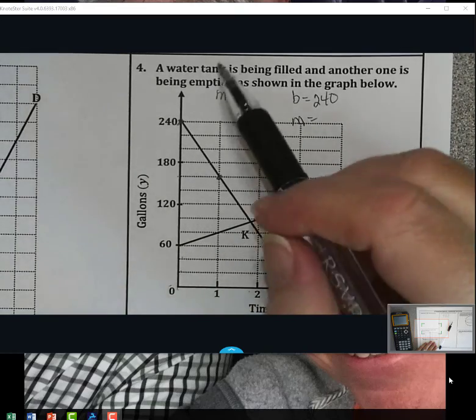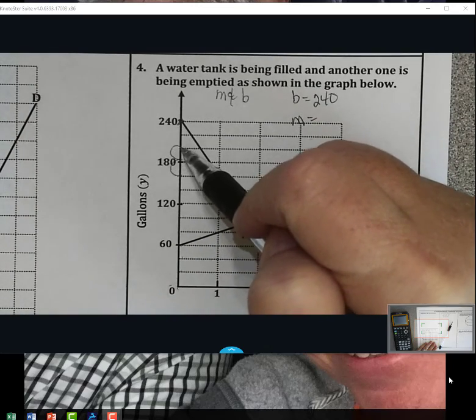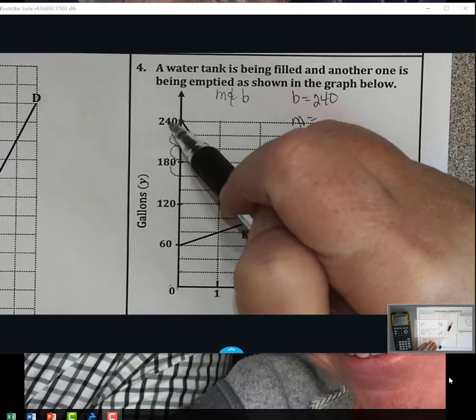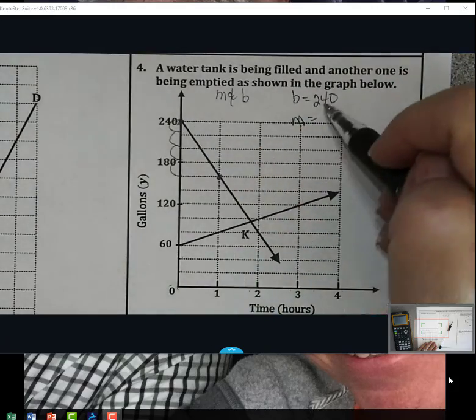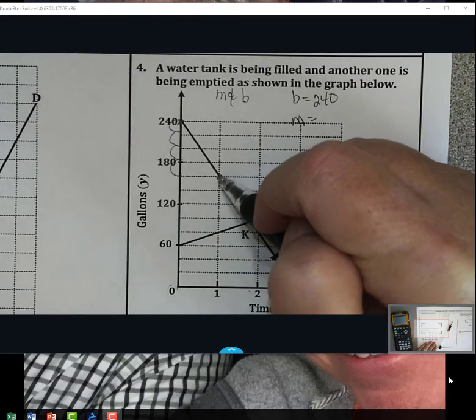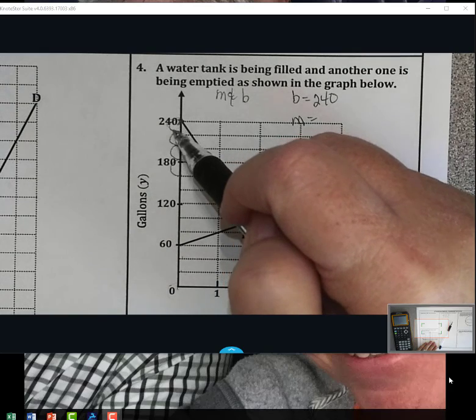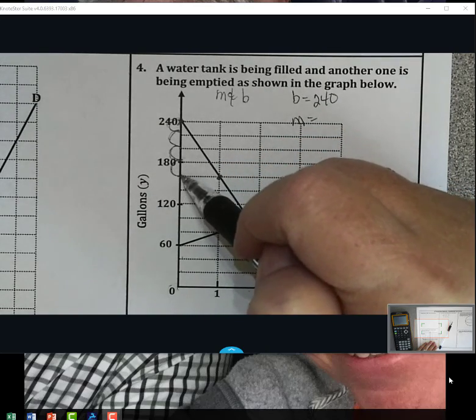These are counting by 20s. So if I go right here, this is 20, 40, 60, 80. Actually, I would need to go from here down to here. So let's go like this. 20, 40, 60, 80. I was going down.